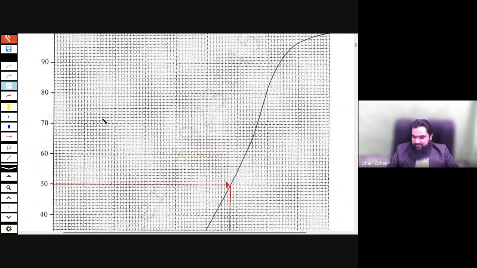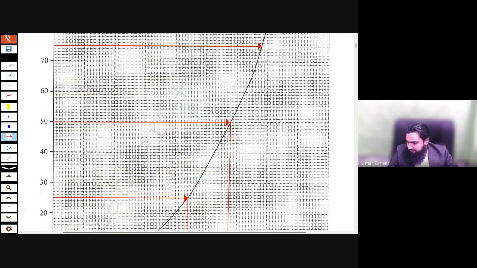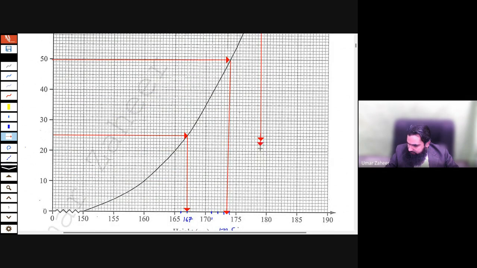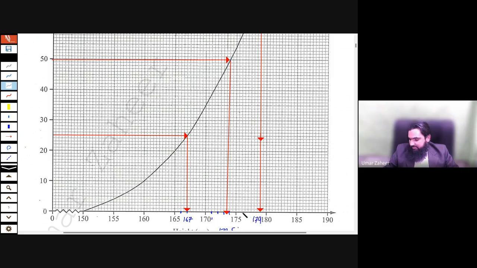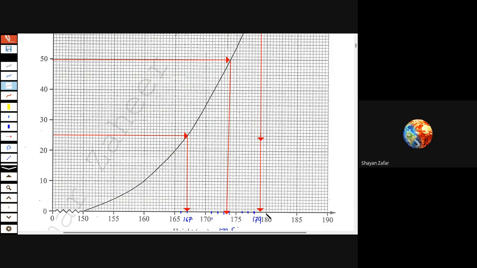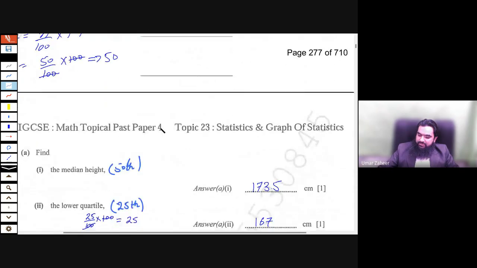Now move from 75 to the curve and then move down from the curve to the x-axis. It is exactly 179, because it is 176, 177, 178, 179 and 180. So we get the value of the upper quartile.